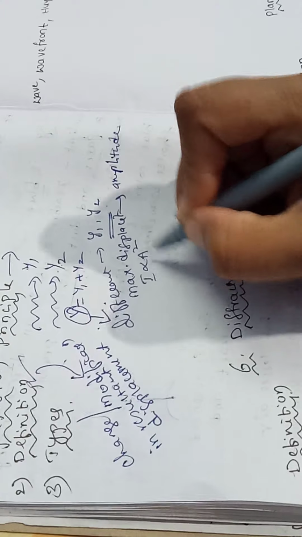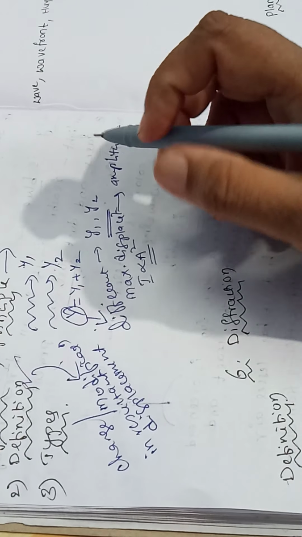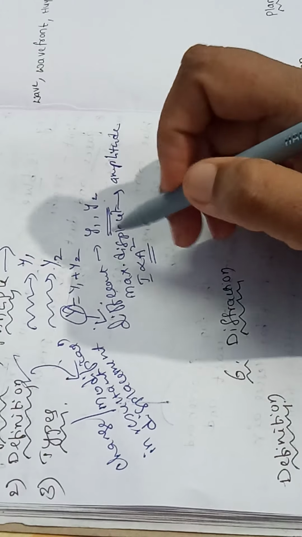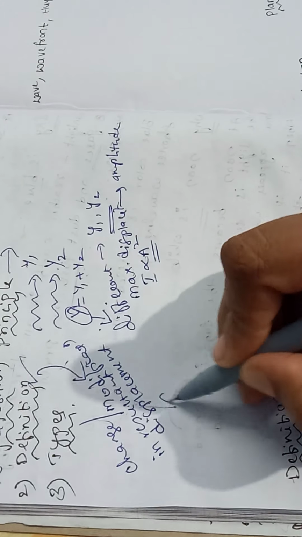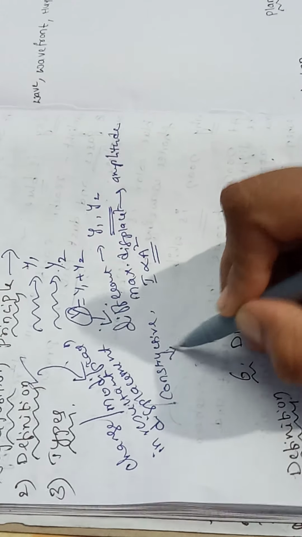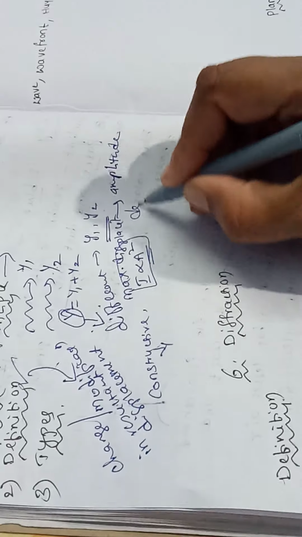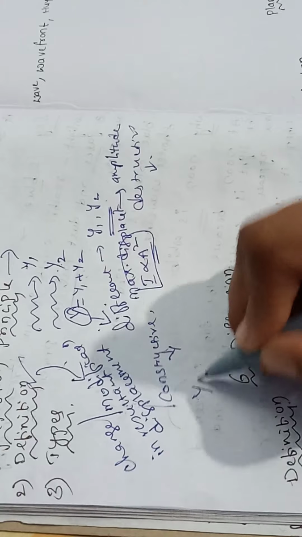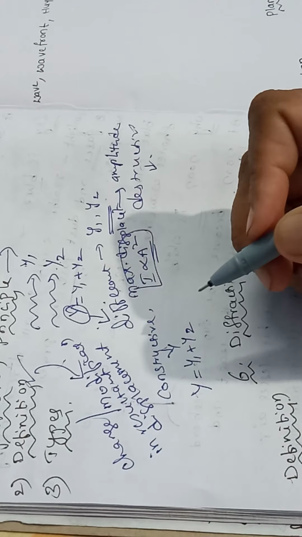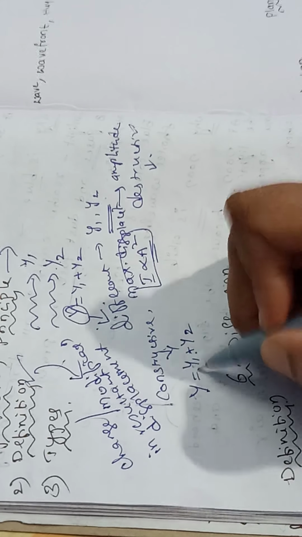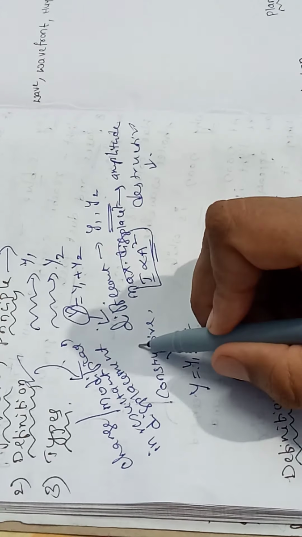Intensity is directly proportional to amplitude squared, no? So we can also say the modification in intensity of light waves. We call it interference. Now there are two types of interference: constructive interference and destructive interference. Constructive interference means if y equals y1 plus y2, if the resultant displacement is the summation of the individual displacements, we call it constructive interference.